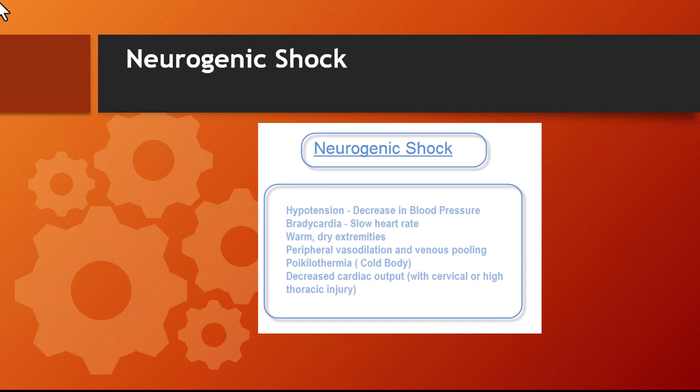Again, because most of the time what we're looking at in neurogenic shock is going to be spinal injury. But keep in mind that nerve transmission is working as normal above the site of injury. So what would you expect in a patient that's in shock? You would expect the patient to be pale, cool, and diaphoretic.